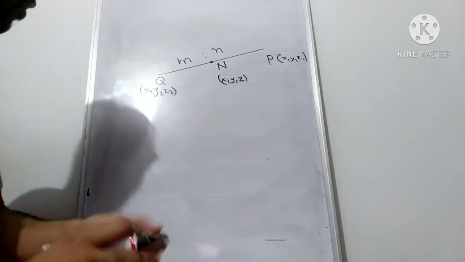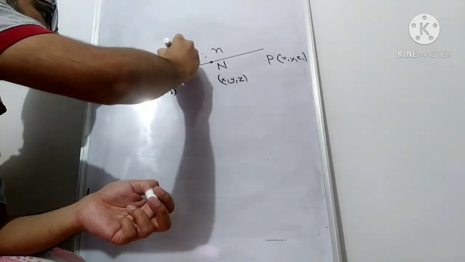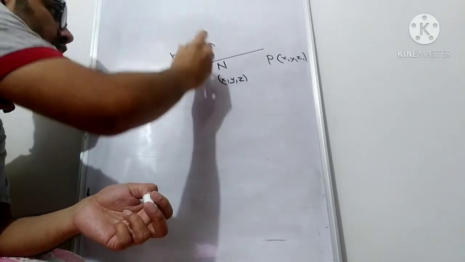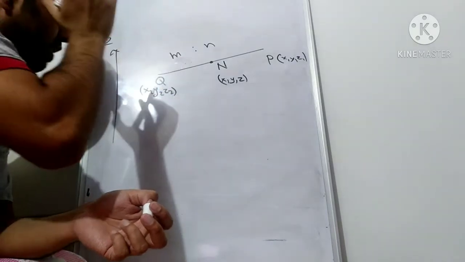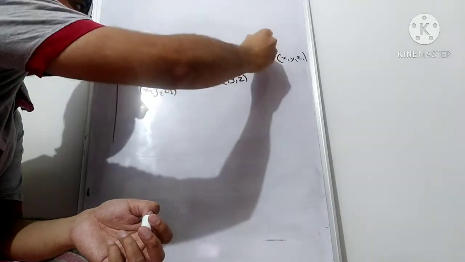For that, this is given to you as m is to n. Suppose this is the z axis.